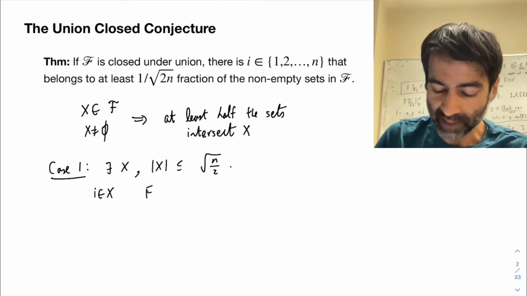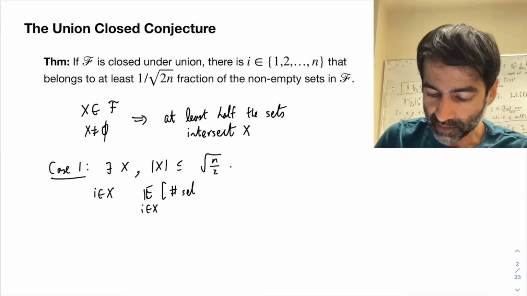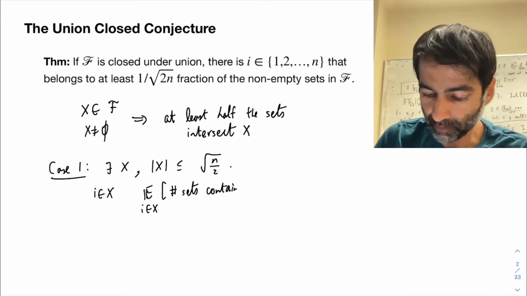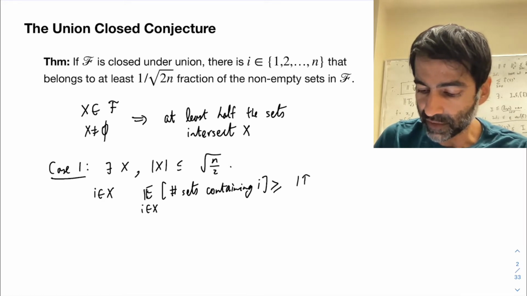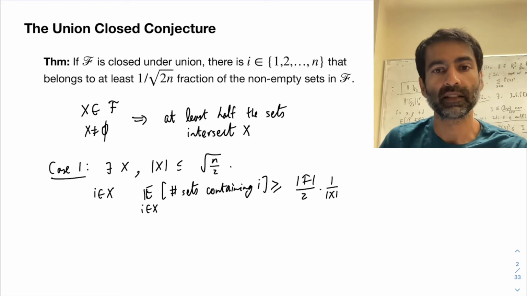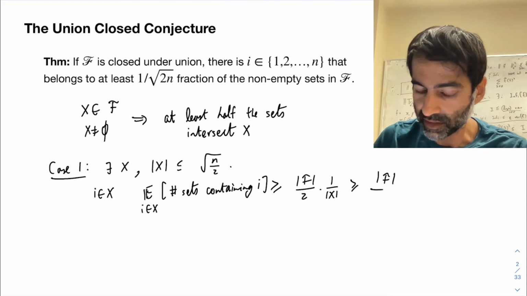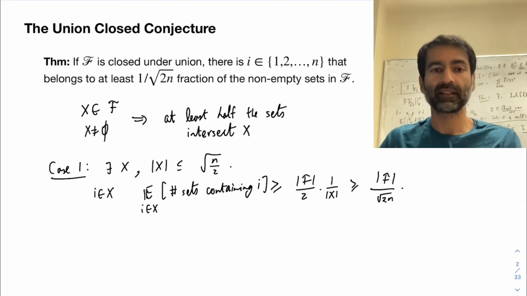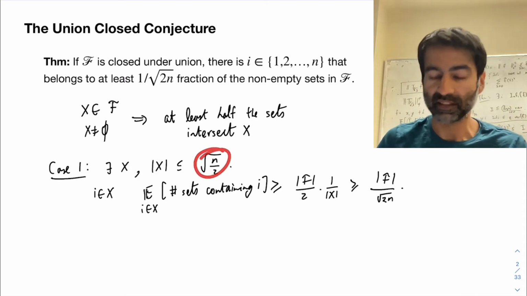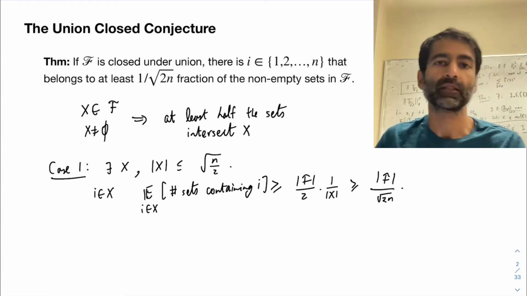So the expected number of sets containing i must be at least the size of the family divided by 2 times 1 over the size of x, which is at least the size of the family divided by square root 2n, because the size of x is bounded by square root n over 2. So that's the first case.